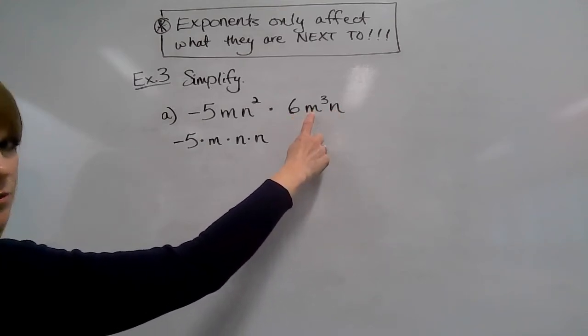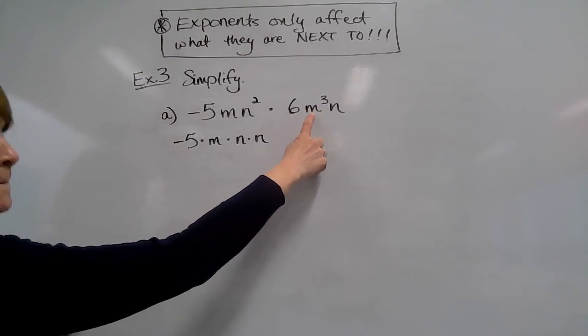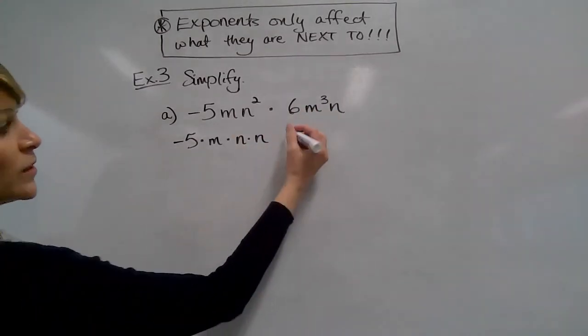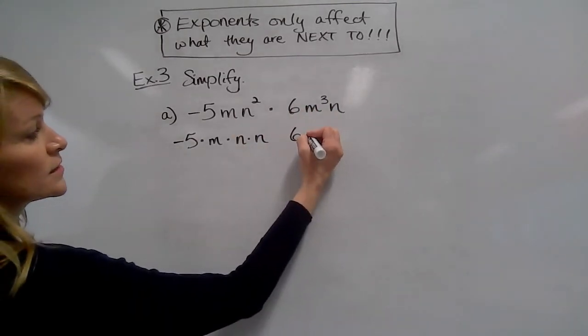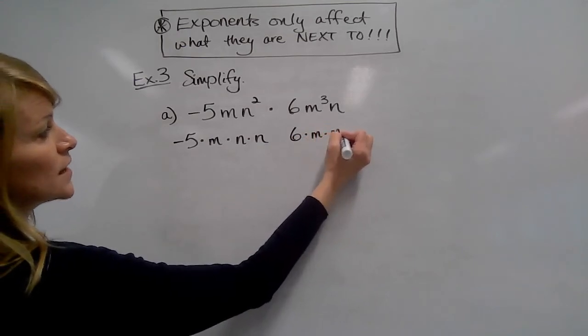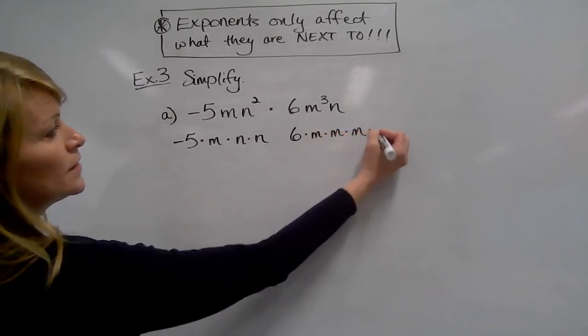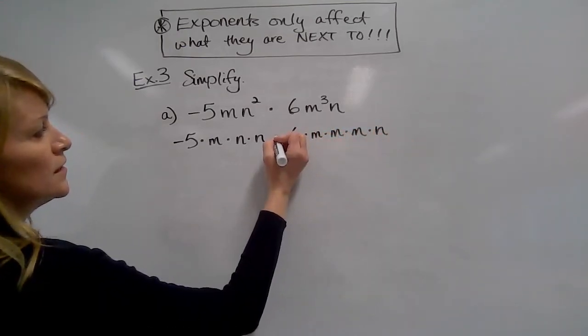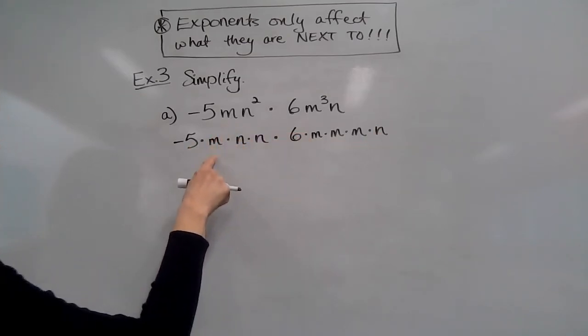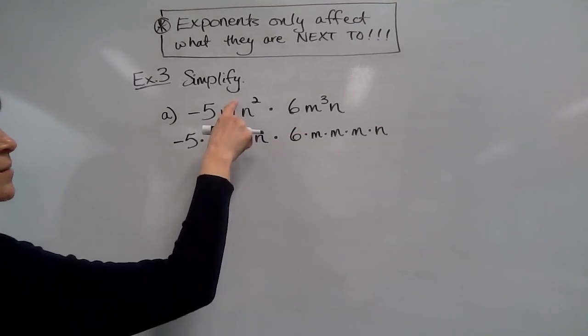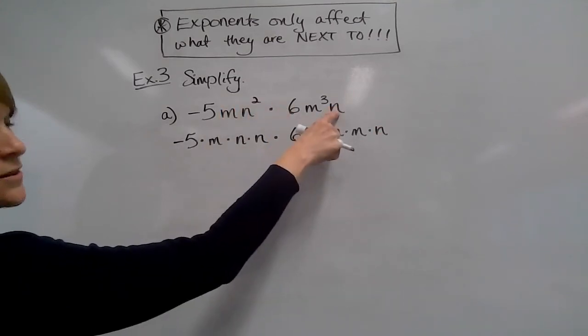It only affects what it's next to, and it's next to the m. So if we were to write this one out the long way, it would be 6 times m times m times m, and then 1n. So if you don't have a power on your variable, you can assume there's only one of them. This is m to the first power. This is n to the first power.